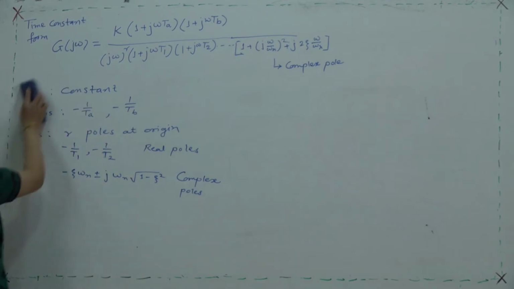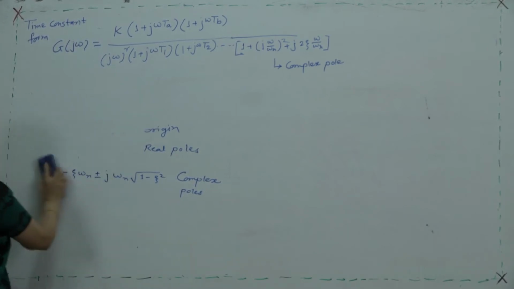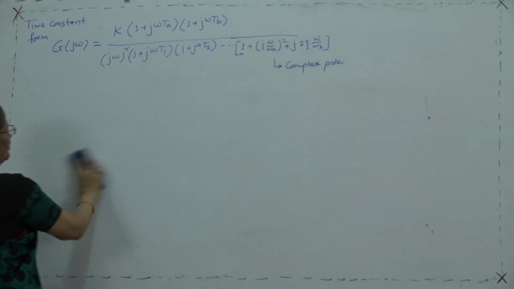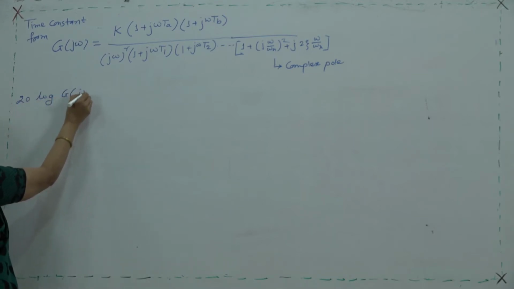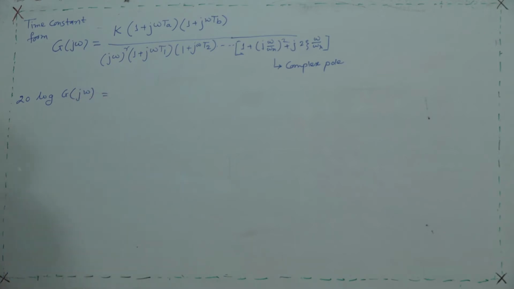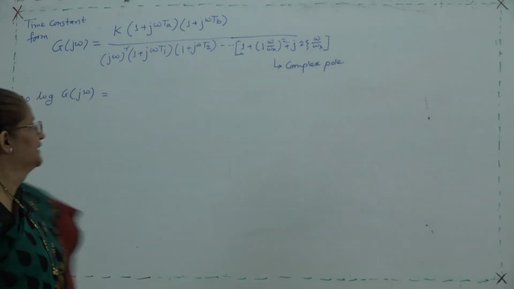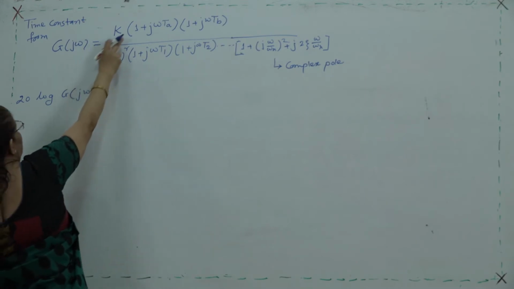Okay. Now, what we are doing here? To draw the Bode plot, we have to take 20 log of G. So, 20 log of G j omega is equal to. What we will get here, that advantage you can see. Consider the numerator, 3 terms are there, you are taking the logarithm of that.